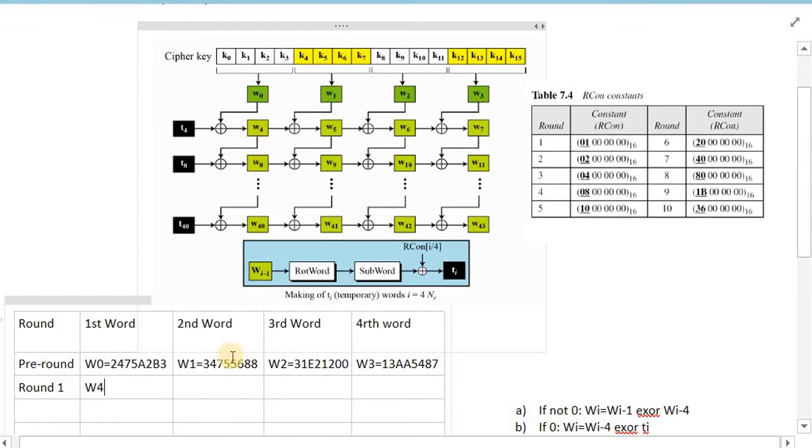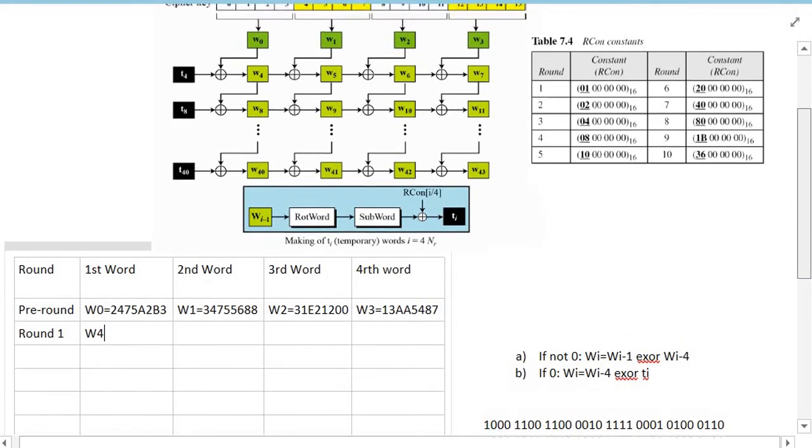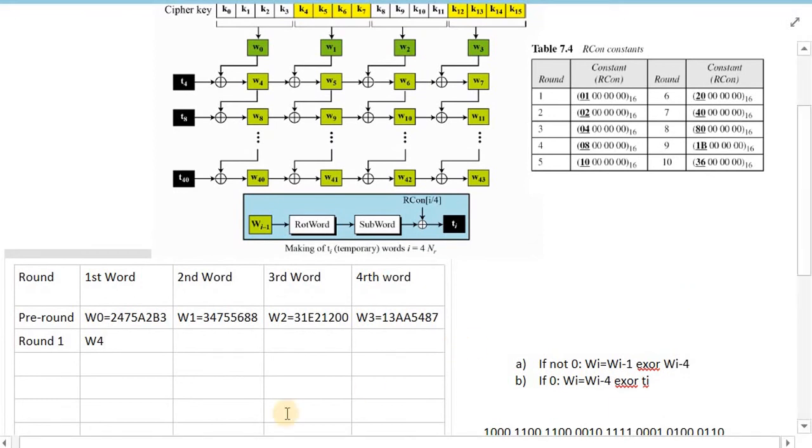So now take the first example. From the example you can understand it in a simple way. In the pre-round transformation, the words W0, W1, W2 and W3 are already generated. So for round 1 we have to generate W4. What will be the value of i? The value of i is 4. We have to check whether i is divisible by 4 or not.